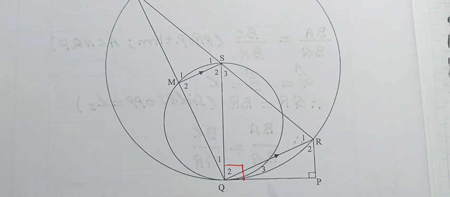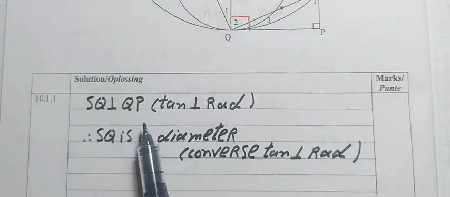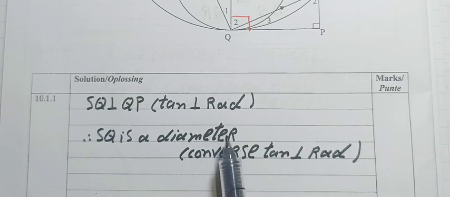Obviously, when you need to prove that SQ is a diameter, then we always use the reason converse. So SQ perpendicular to QP, tangent perpendicular to radius. Therefore, SQ is a diameter. And there is a second method I'm going to show you now. You can choose that one also. It is up to you. This is the first method.